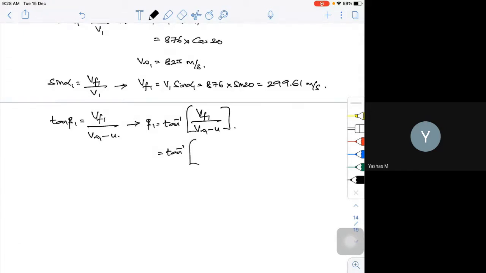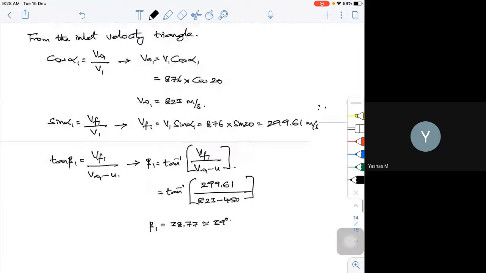VF1 you calculated just now, which is 299.61, divided by VW1 which is 823 minus 450. If I calculate, I am getting around 38.77, or I can call it 39 degrees.